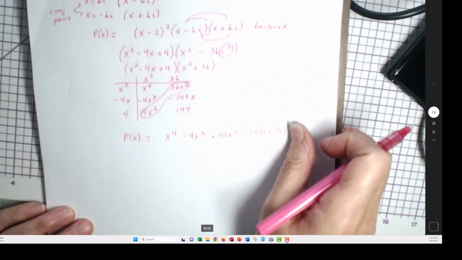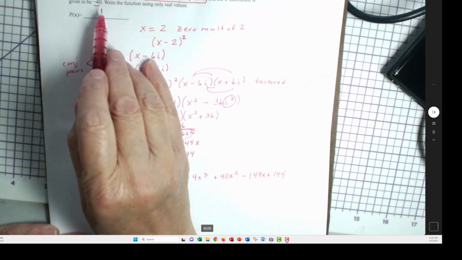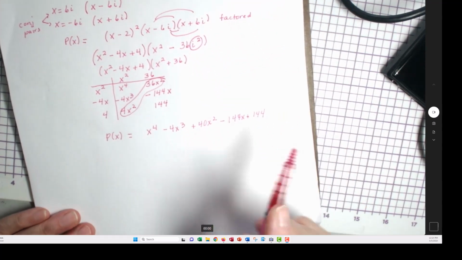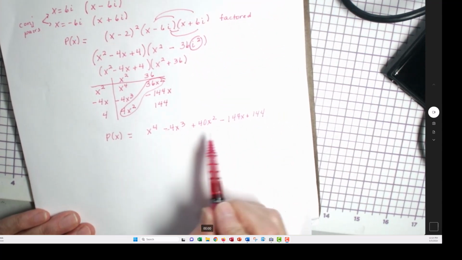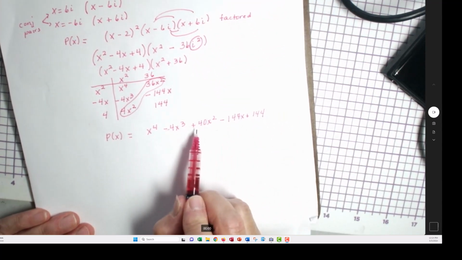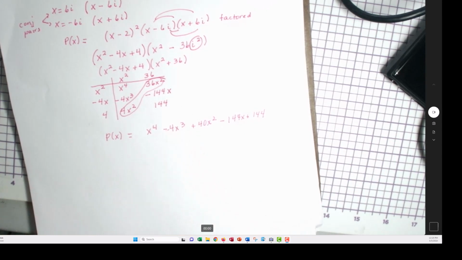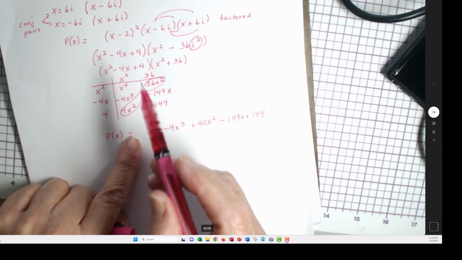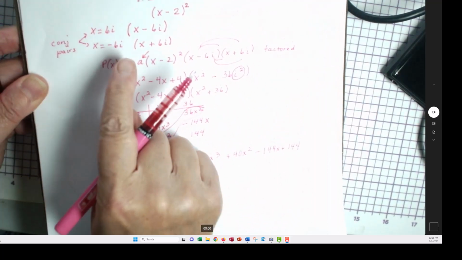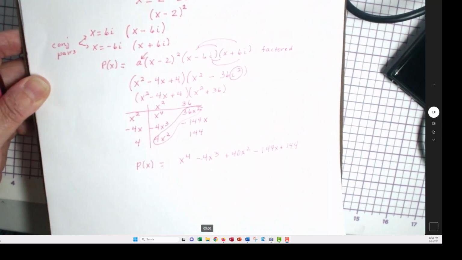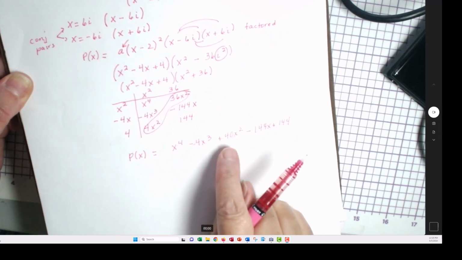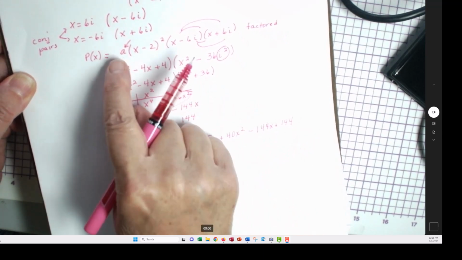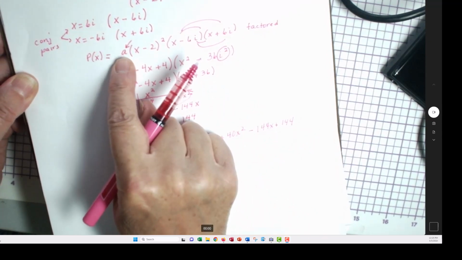But we were told that the x squared coefficient is negative 40, and our polynomial has a positive 40 x squared coefficient. So you know that these polynomials will have a leading coefficient here that we do not know, right? And so in order for me to get a negative here, that must tell me that I need this to be a negative 1.